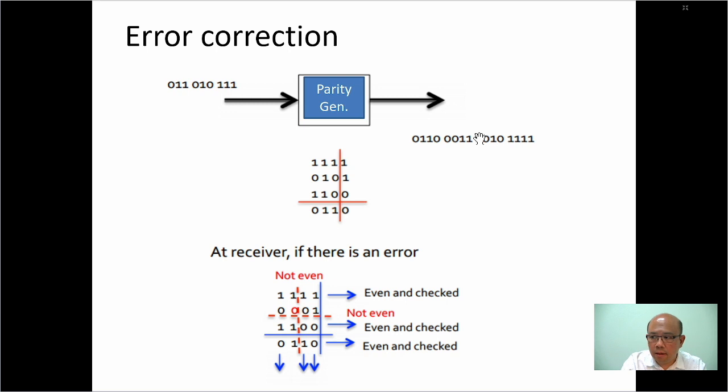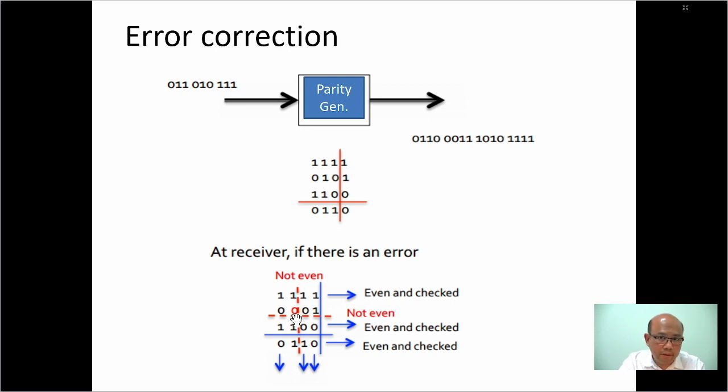Now after the receiver gets the data, the signal has been affected by noise, which generates an error bit, shown in the red character here. I suppose this is the error bit.